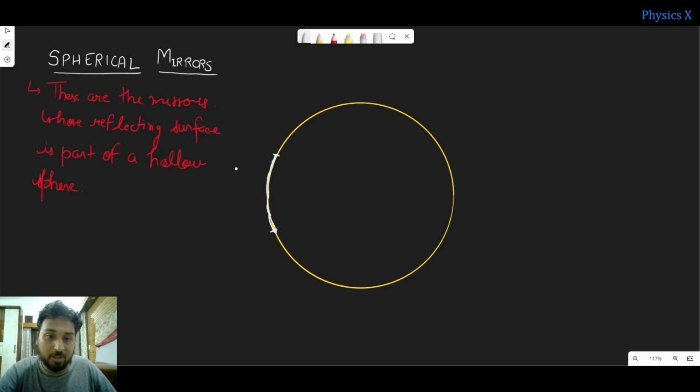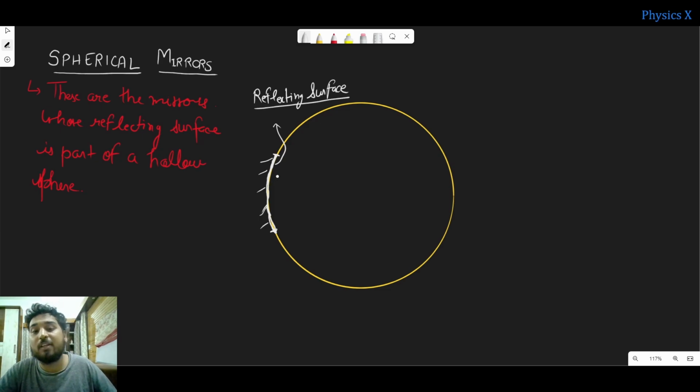It can be on this side also, or on this side. If the reflecting surface is inside this hollow sphere, I always mark dashed lines to represent the non-reflecting surface. So this is your reflecting surface here.